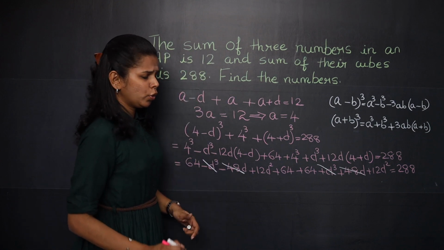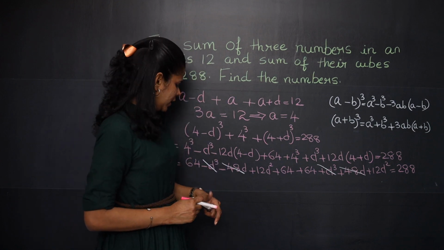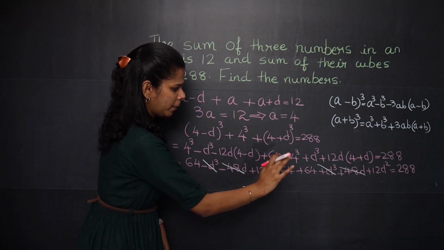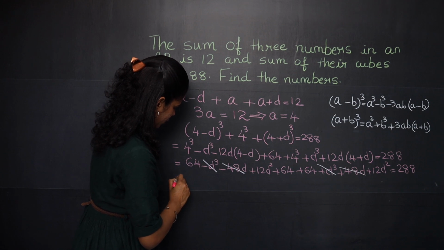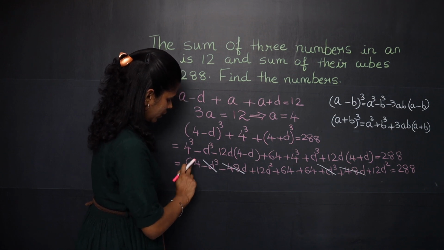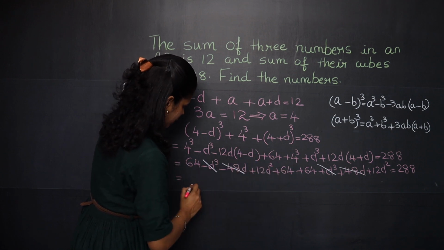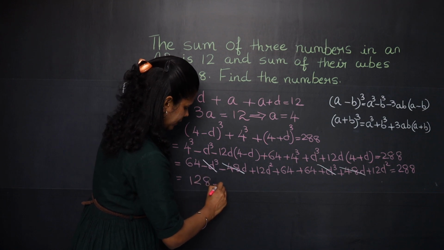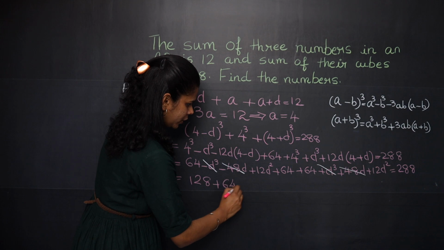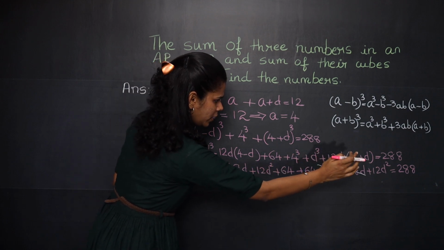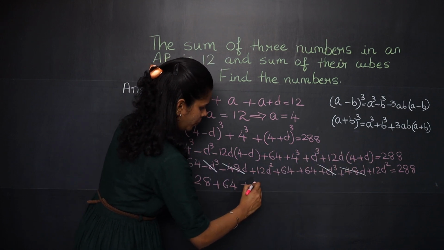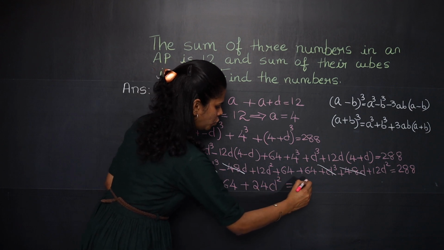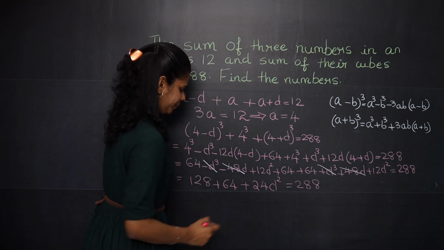Now you don't have any more cancellations. Now what is 64 plus 64 plus 64? So 64 plus 64 is 128, plus again 64, plus 12d square plus 12d square will give you 24d square is equal to 288.